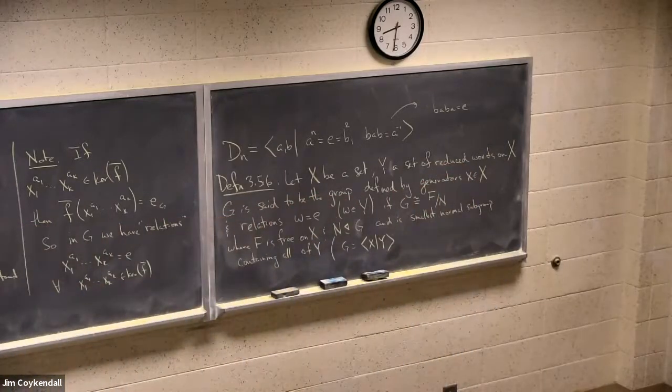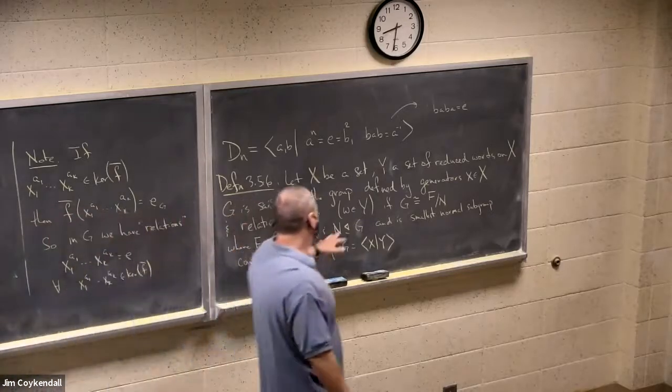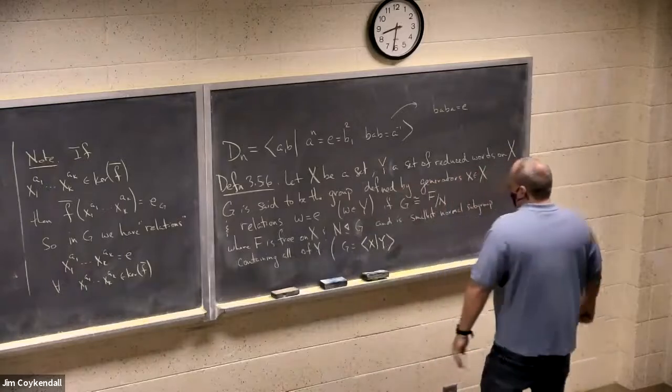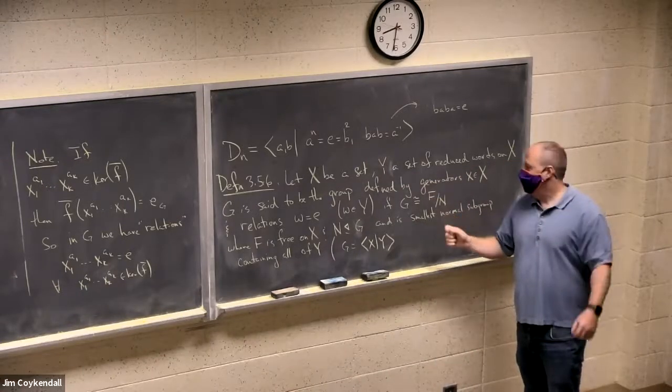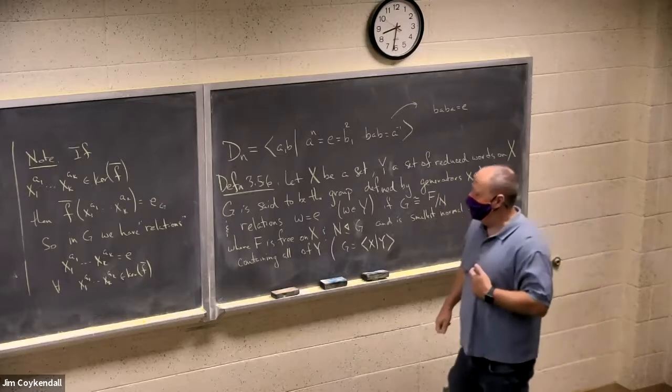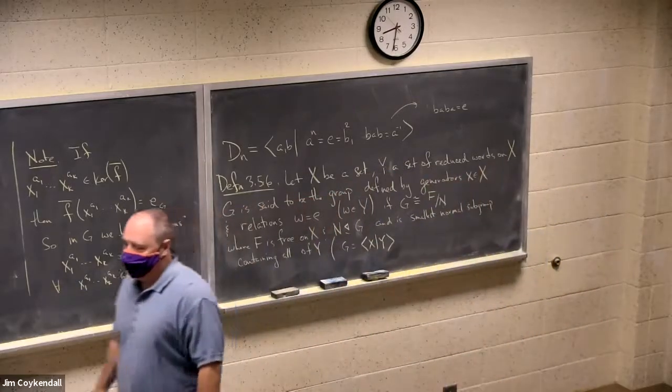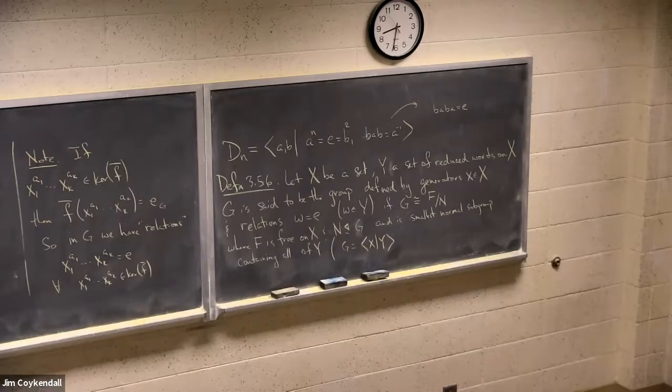So this is formally what it means to be a group generated by a set X and some relations in word Y. You take a free group on your set of generators, and you mod out by the smallest normal subgroup of G that contains all the relations Y.